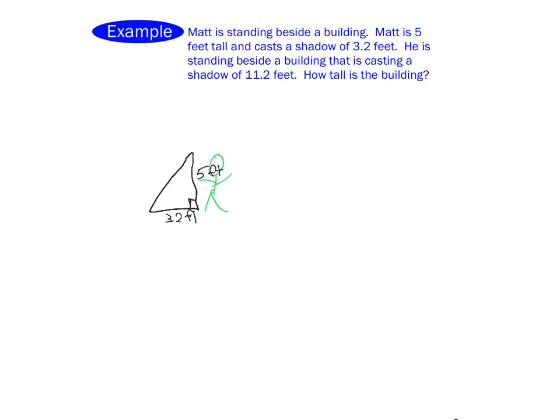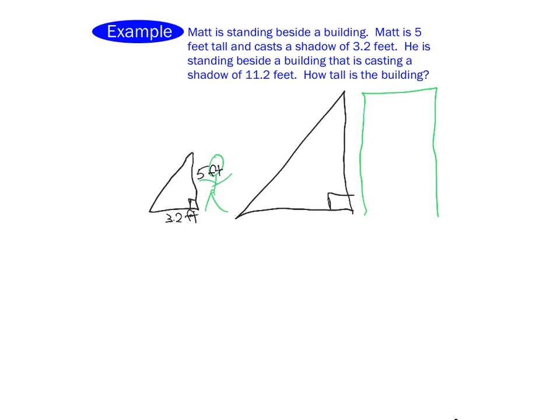That's 3.2 feet. And then we have a building. There's our building. And then we know that this is 11.2 feet. And we want to figure out the height of the building.